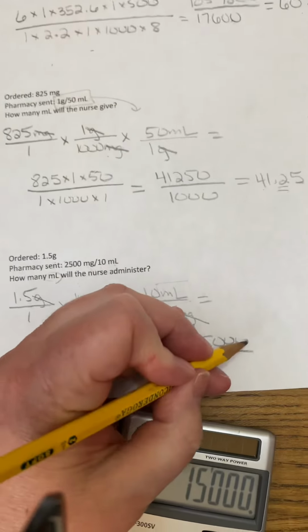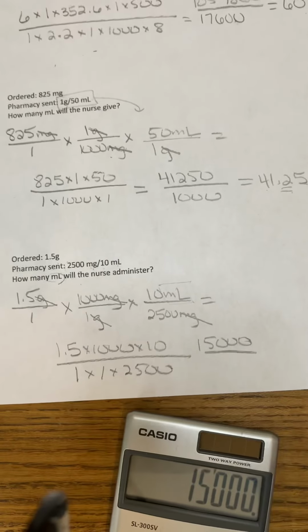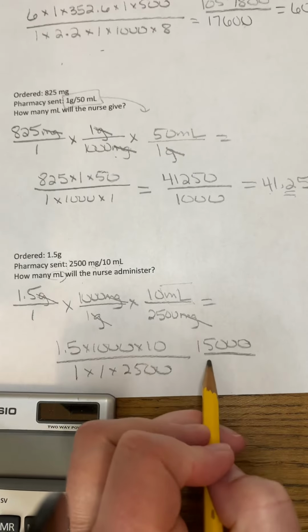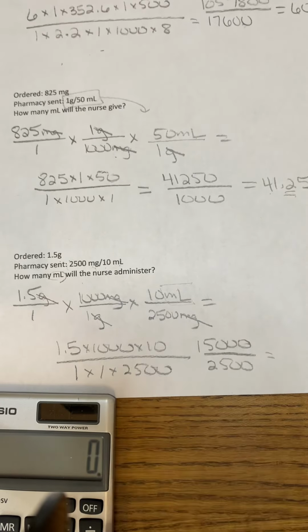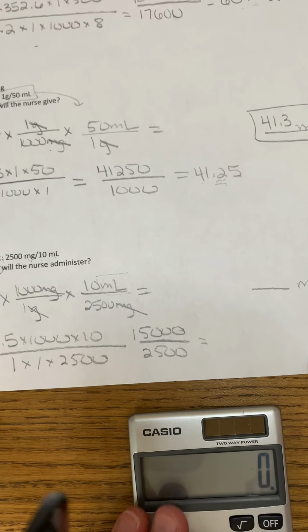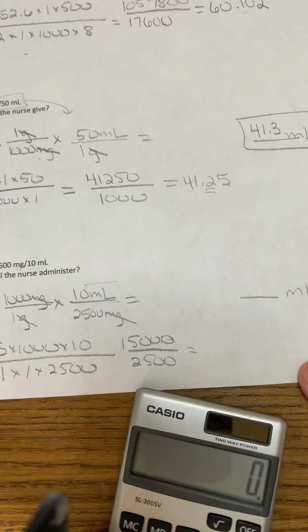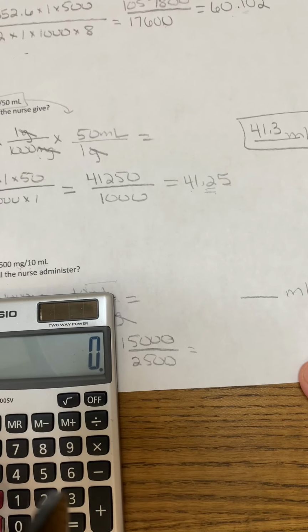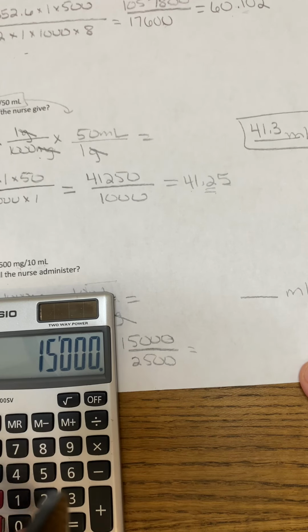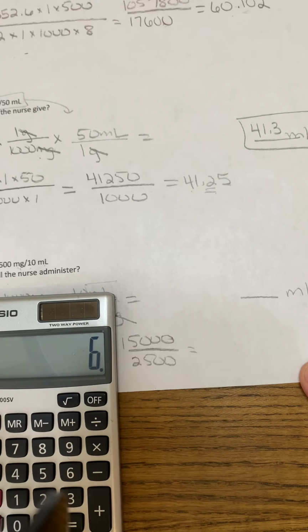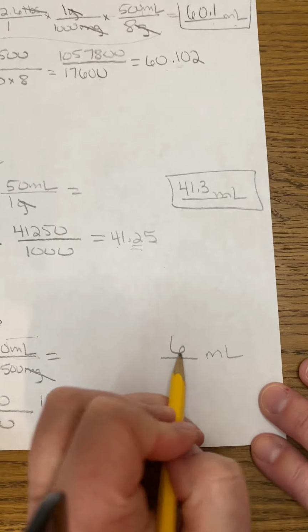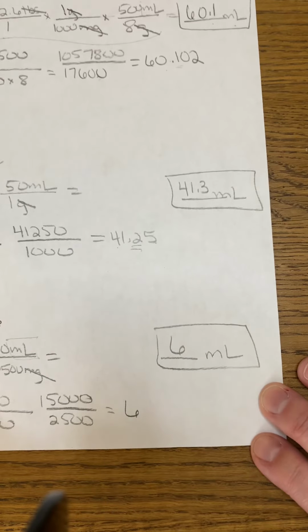And across the bottom, we have 1 times 2,500, so that's just going to be 2,500. So then we are going to do our dividing. 15,000 divided by 2,500 equals 6. So in this case, we are going to administer 6 milliliters.